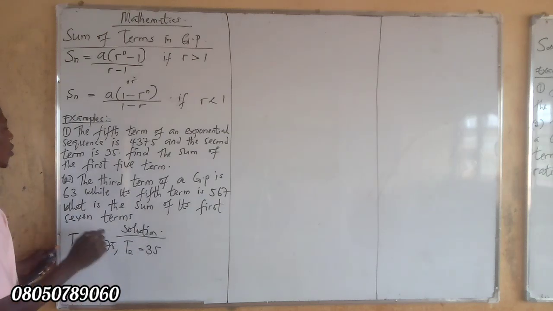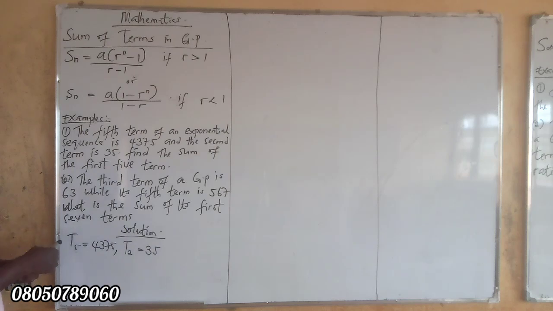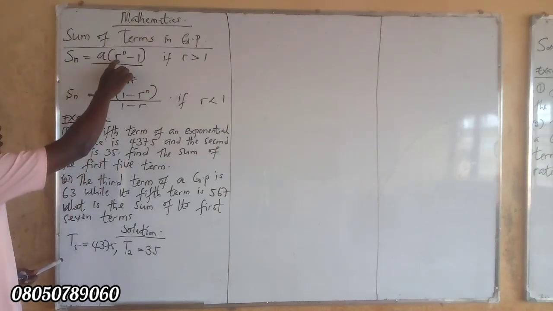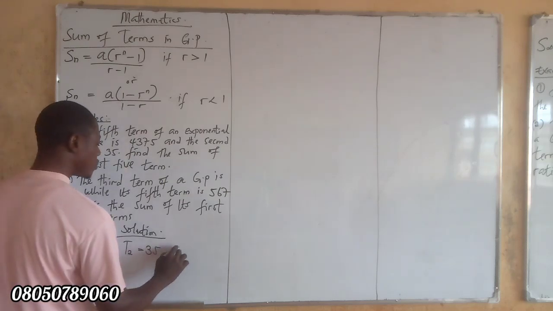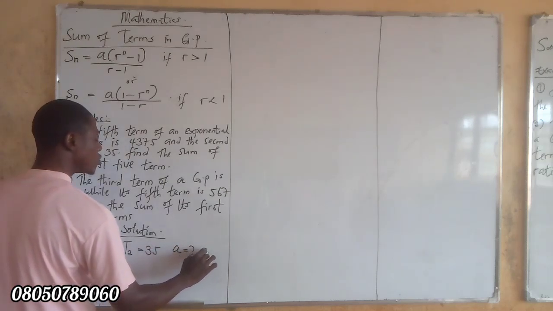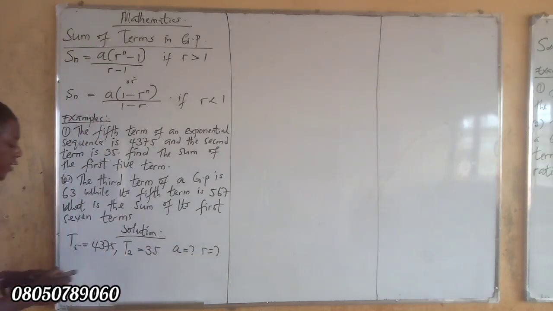Then find the sum. Before we find the sum, remember we need to find the common ratio r and our a. So we are going to be solving this question simultaneously to find our a and r.